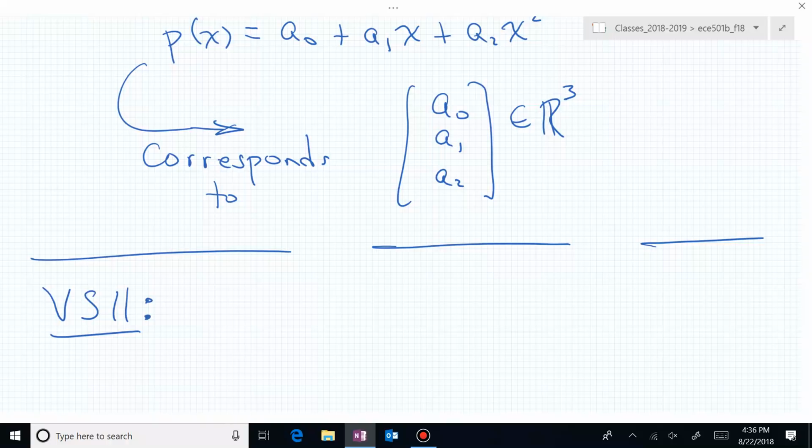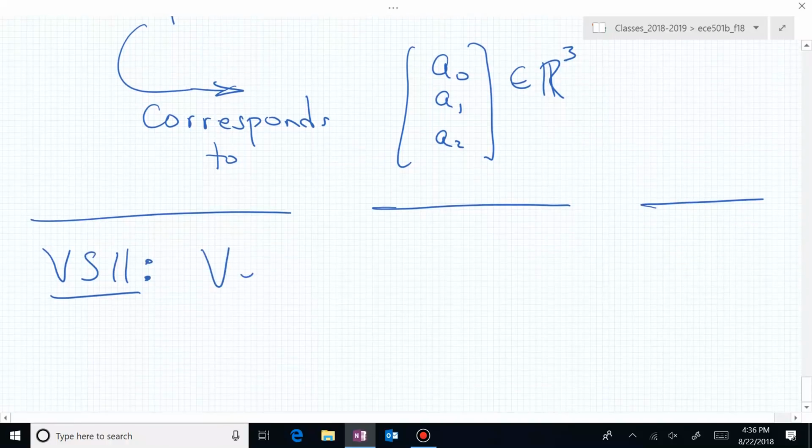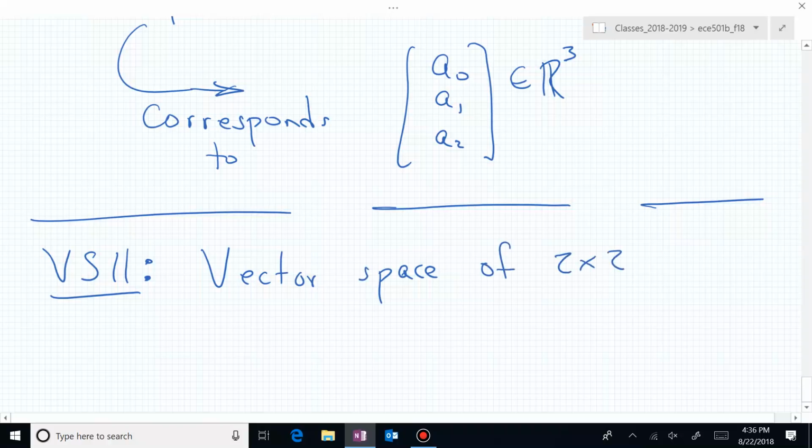Vector space example number 11. Here, let's look at or talk about a vector space of 2 by 2 matrices.